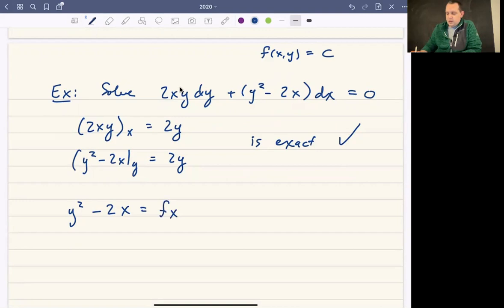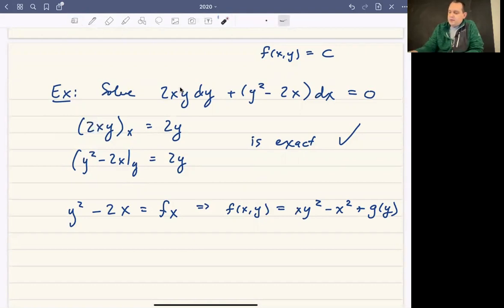Remember that these are partial derivatives, so we can just anti-differentiate both sides with respect to x because we're undoing a partial derivative, and that tells us that f of x, y must look like this. It must be xy squared minus x squared plus some function of y, because if I had a function that was just involving y, whenever we took the partial derivative with respect to x, it would disappear like a constant. So that's what the function f of x, y looks like.